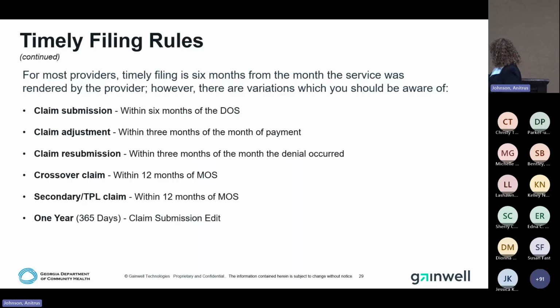Your claims adjustments are 3 months from the month of payment. Your claims resubmission can be 3 months from the month of your denial. Crossover claims is 12 months from the month of service. Secondaries, TPLs are the same, and then you have that year.